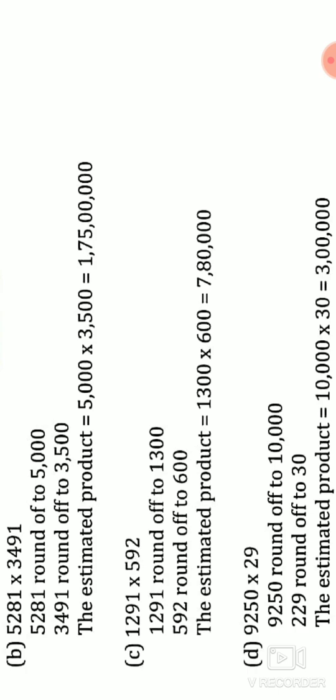So write 5 zeros as it is. Then the remaining 1 into 3 is 3. Therefore 3 lakh. The estimated product of 10,000 into 30 is equal to 3 lakh. In this way you have to find the estimated product of the given numbers.